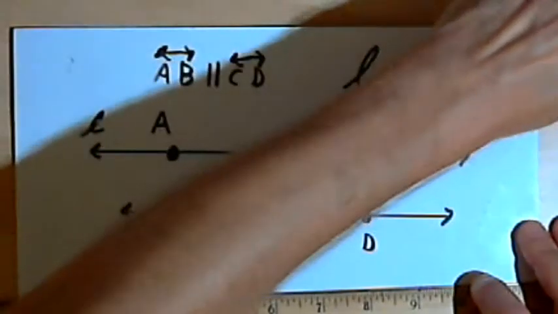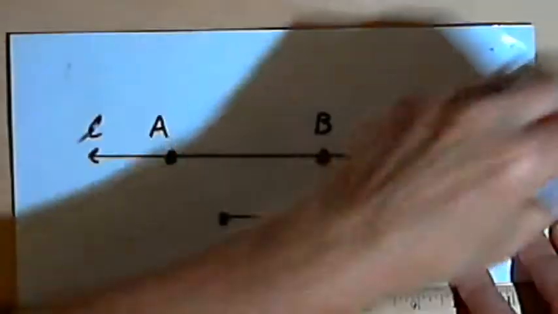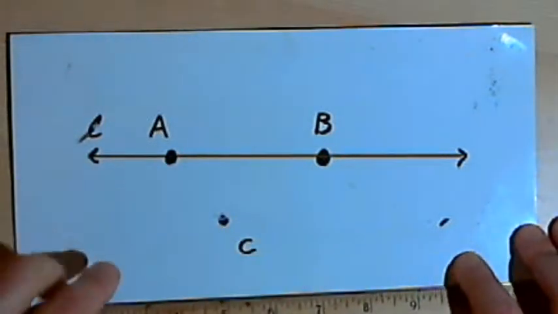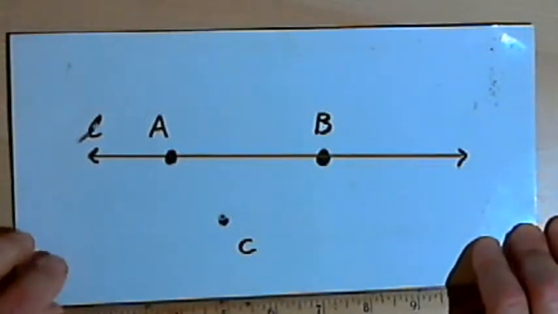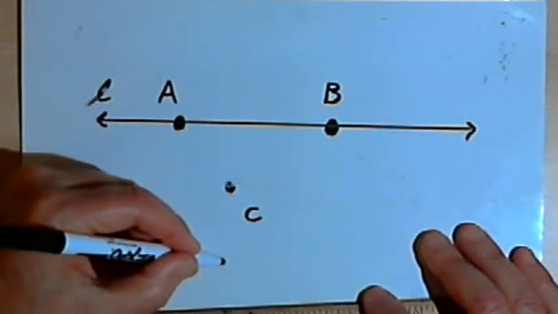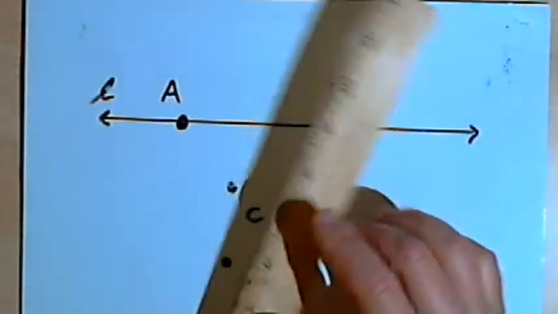Now, on the other hand, I might have added that fourth point D in such a way that I didn't have two parallel lines. Let's say I put point D over here. And now I make line CD.